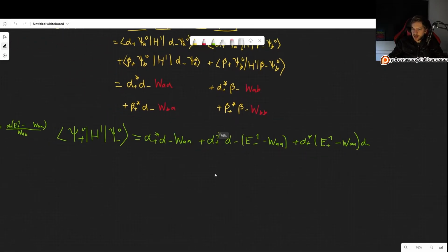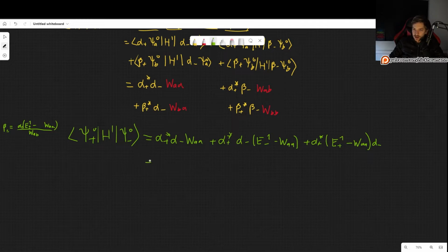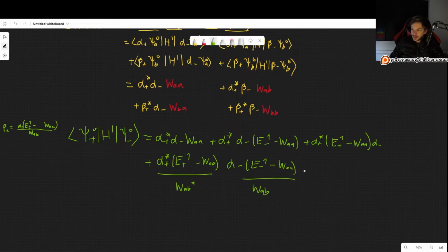So for the beta plus, beta minus, I'm going to write it down here. So beta plus will be alpha plus conjugate E plus 1 minus WAA divided by WAB conjugate. And then we have beta minus, which will be alpha minus E minus WAA divided by WAB. And all of this times WBB. Now, here we will get something quite familiar, right?